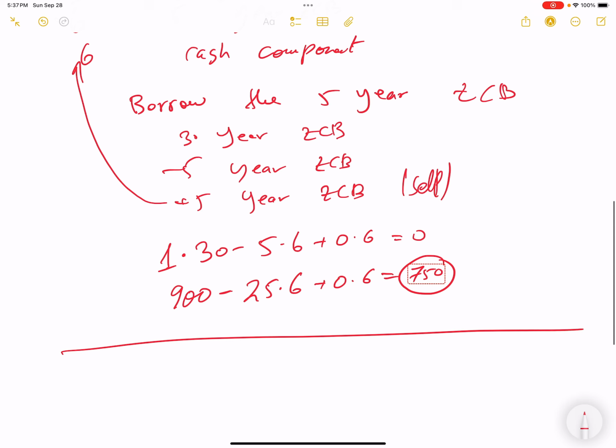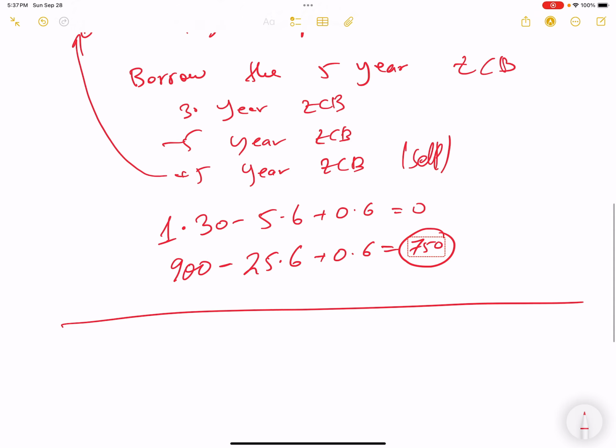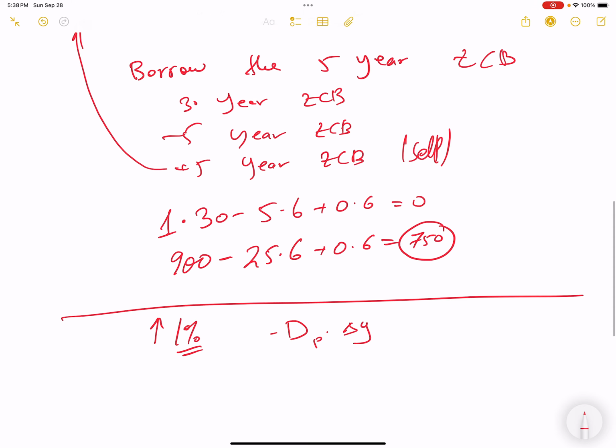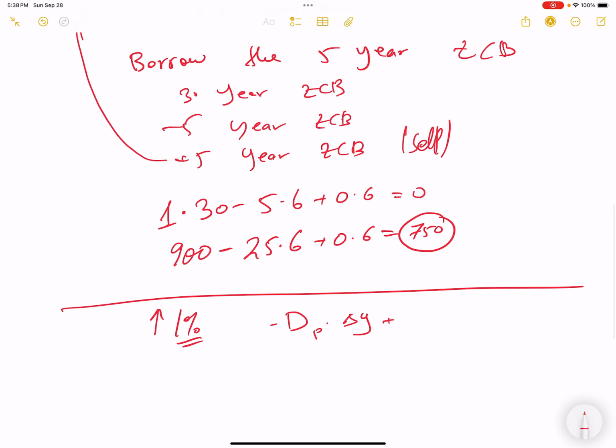Now, let's assume, okay, that the yield goes up by 1%. So if the yield goes up by 1%, what is going to be the performance of this portfolio? So it's going to be minus duration of the portfolio times the change in yield plus half of the convexity of the portfolio times the change in yield squared.